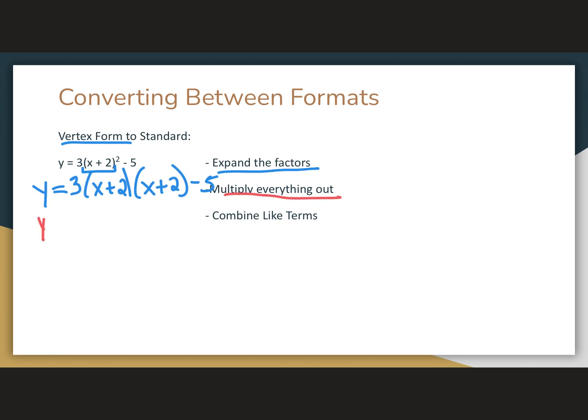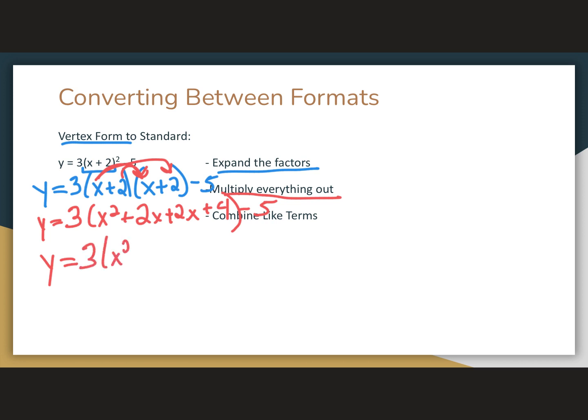So that means we're going to get y equals 3 times x squared plus 2x plus 2x plus 4 minus 5. And then we are going to combine our like terms. That gives us y equals 3 times x squared plus 4x plus 4 minus 5.